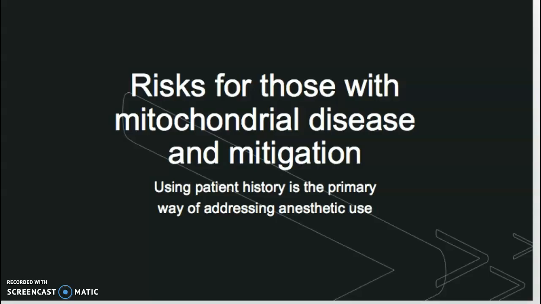So continuing, the risks for those with mitochondrial disease and the mitigation on how to do that. Primarily, if we're talking about a young adult that knows that they have mitochondrial disease, it's the physician's duty to understand that and be able to address that.